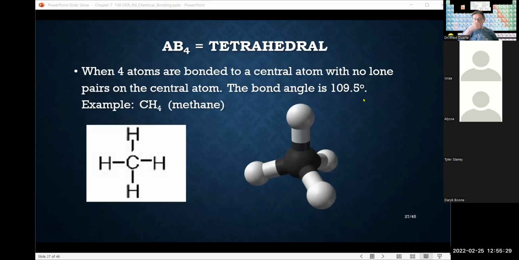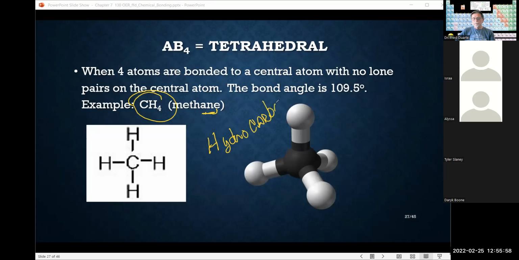Another one here is tetrahedral, AB4. This is the formula for methane, CH4. We call these hydrocarbons. Butane, propane. Notice the A-N-E; generally, that's a good indication you're dealing with what we call hydrocarbons.